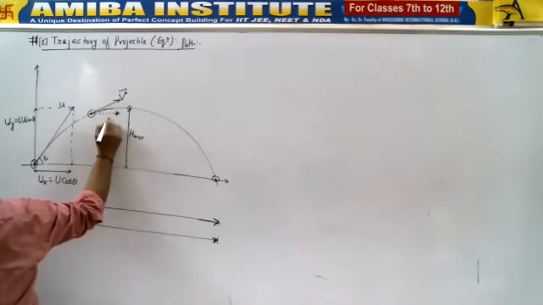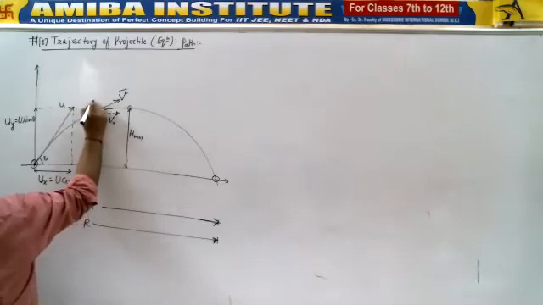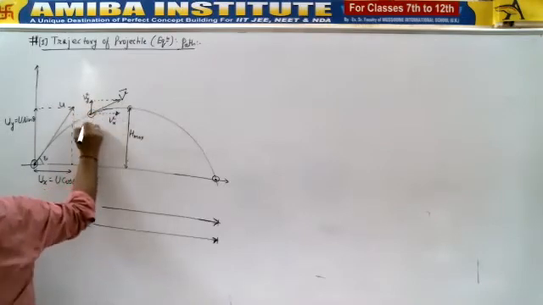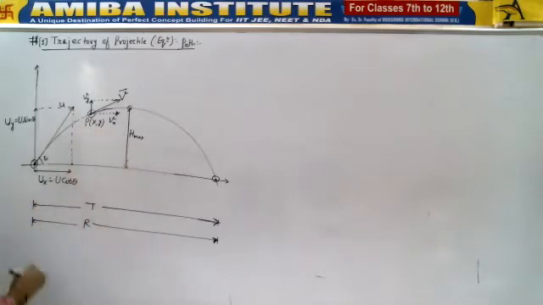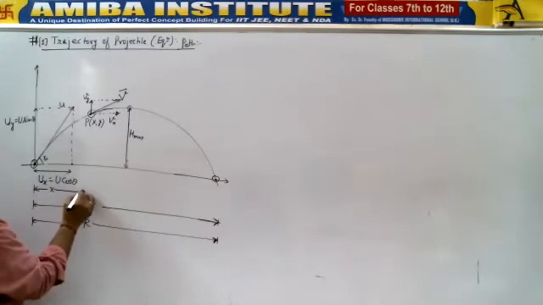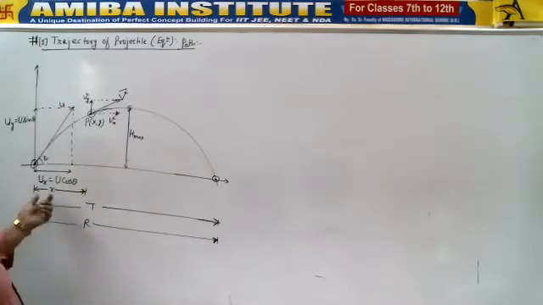One is the horizontal component vx and another is the vertical component vy. So this is vy, and the coordinates of this point P are x comma y. That means the projectile has traveled an x displacement in the x direction.